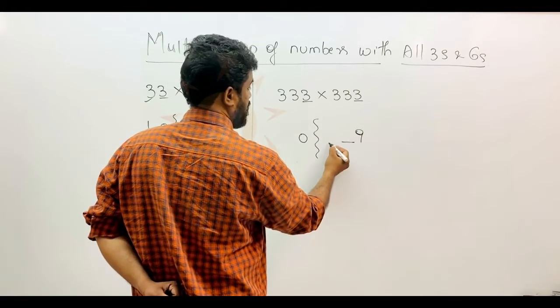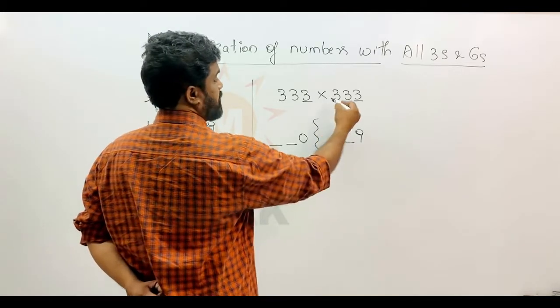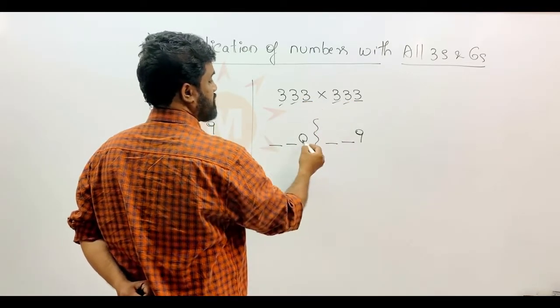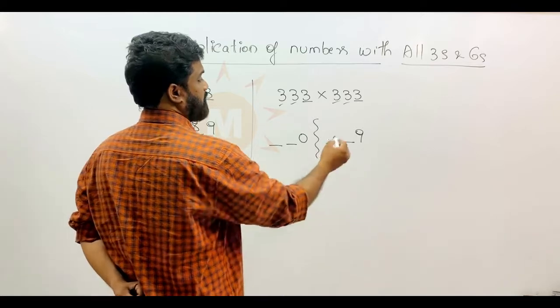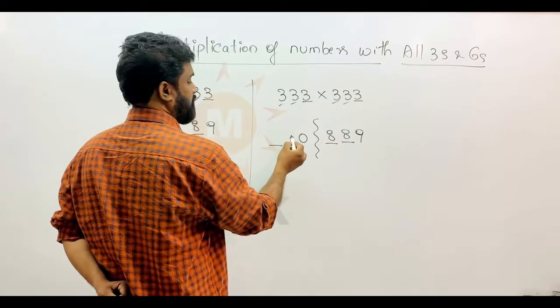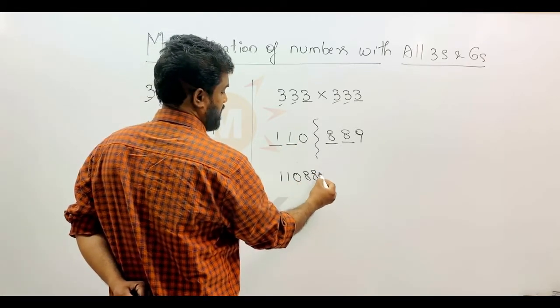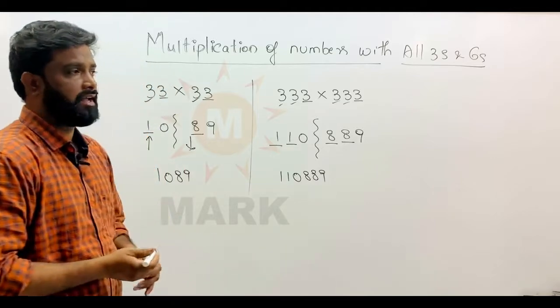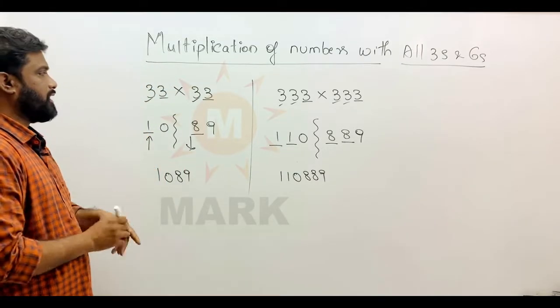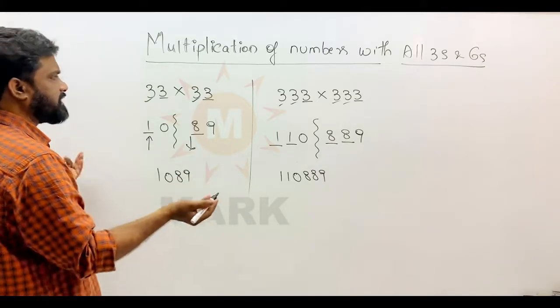Then I have to give two slots because two numbers are pending. Then I put one number less here, 8, and one number more here, that is 1. So 110889 will be the number.